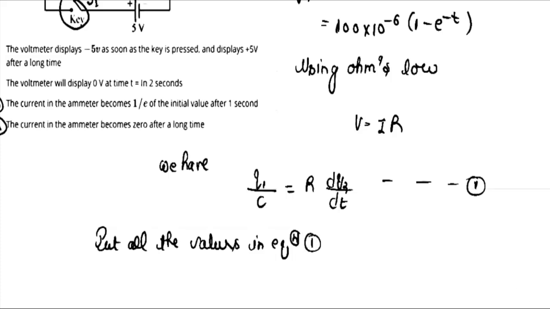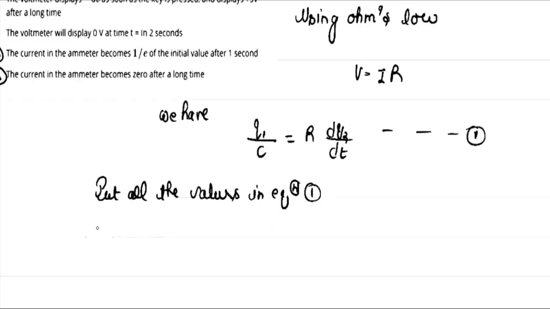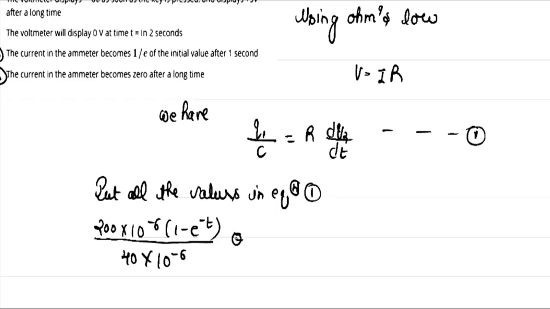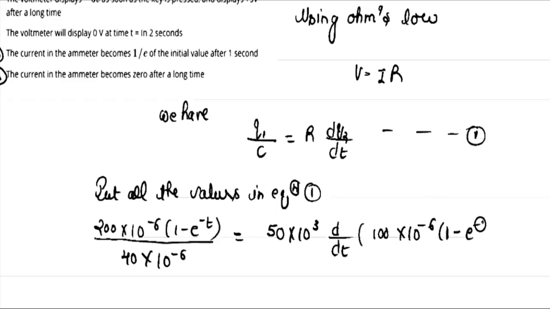So we put this value, that is 200 into 10 to the power minus 6, 1 minus e to the power minus t, divided by 40 into 10 to the power minus 6, is equal to 50 into 10 to the power 3 dq by dt, bracket 100 into 10 to the power minus 6, 1 minus e to the power minus t.